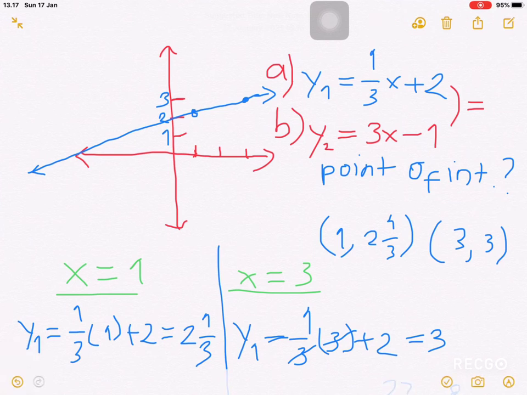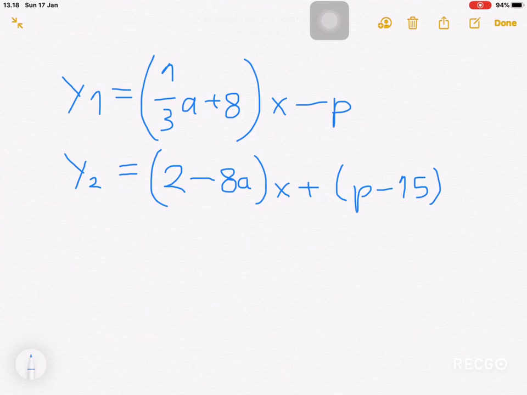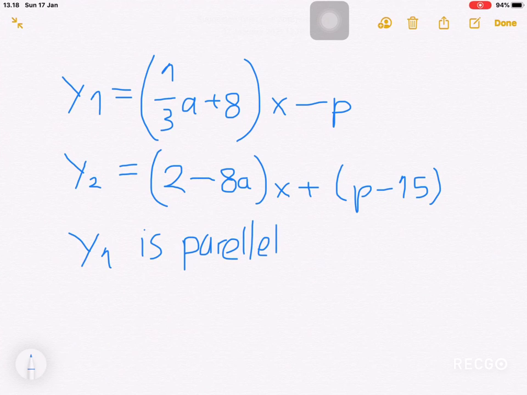Alright, so I'll just go into another example of a question. Two equations, and although it might seem complicated, we're also given another clue. y1 is parallel to y2. Okay, so for the first part, part A, we need to find the value of a.